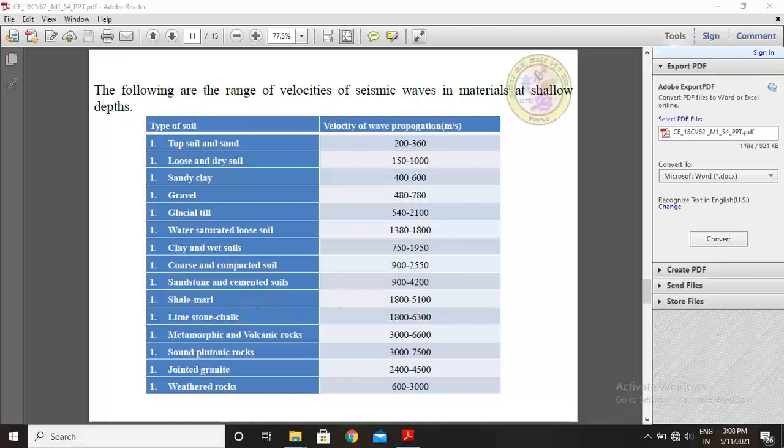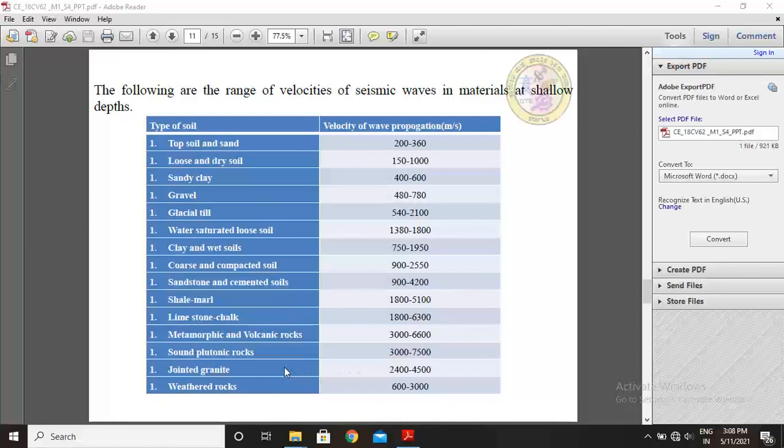Shale or marl 1800 to 5800 meters per second. Limestone and chalk 1800 to 6300 meters per second. Metamorphic and volcanic rocks 3000 to 6600 meters per second. If the type of soil in the field is sound plutonic rock, then the velocity of seismic waves is 3000 to 7500 meters per second.